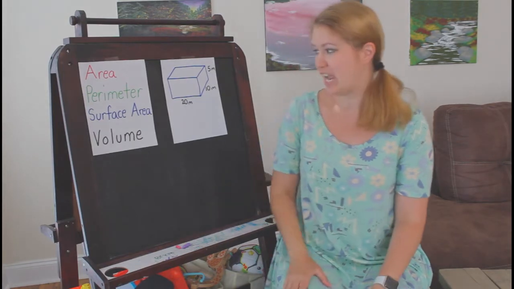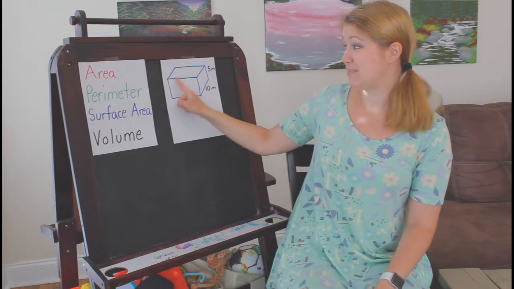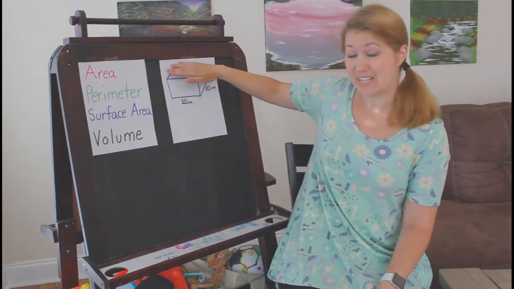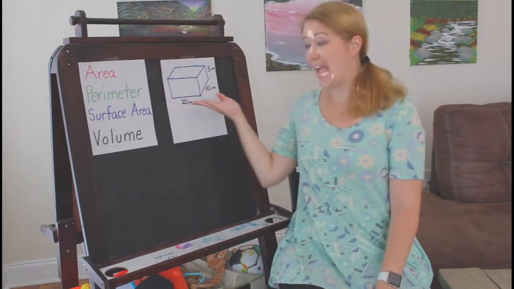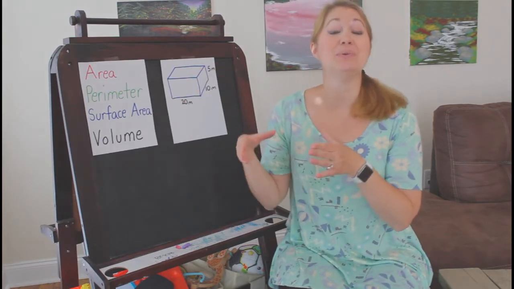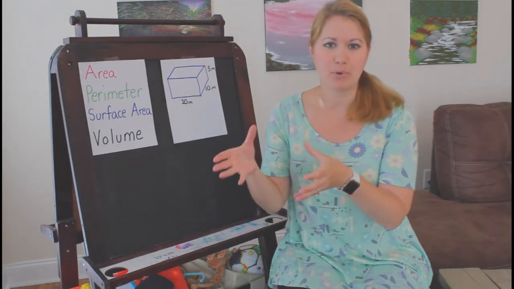Surface area, I want to know all of the space on the outside of this surface, and this surface, and this surface, and the back, and the other side, and the base, all 6 surfaces added together. You would use that more with wrapping paper, wrapping a present.